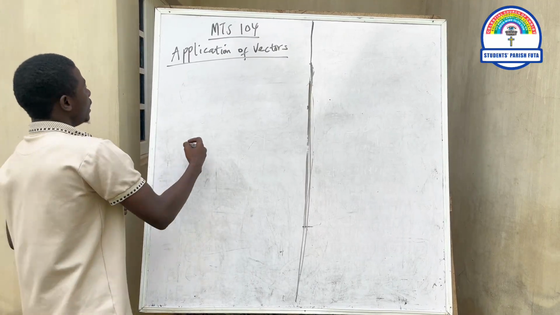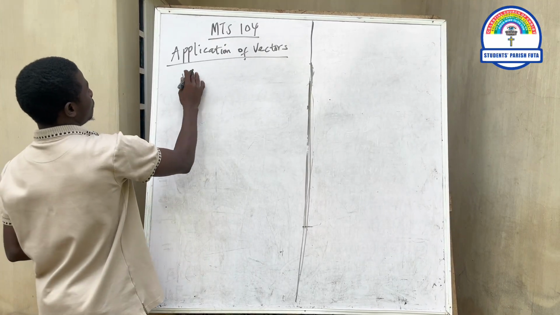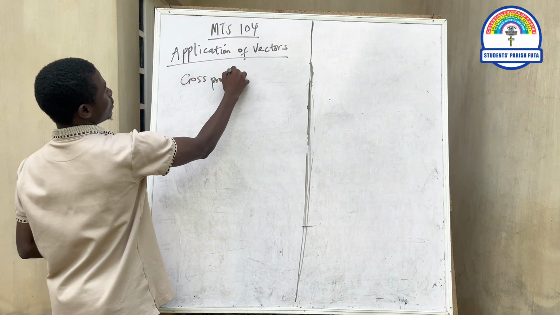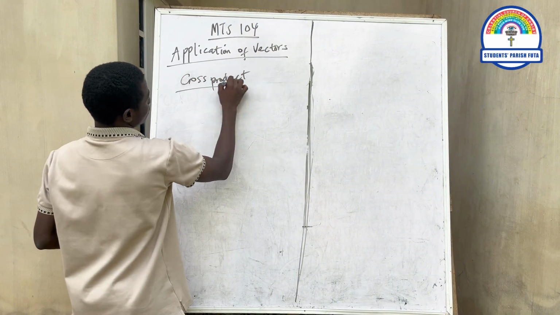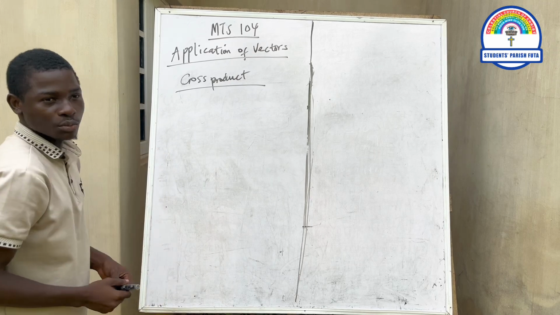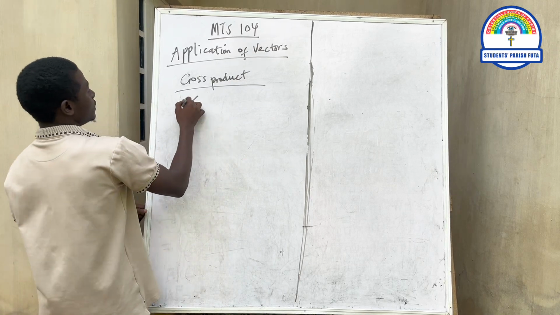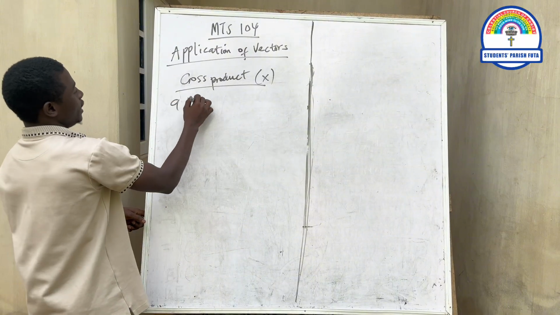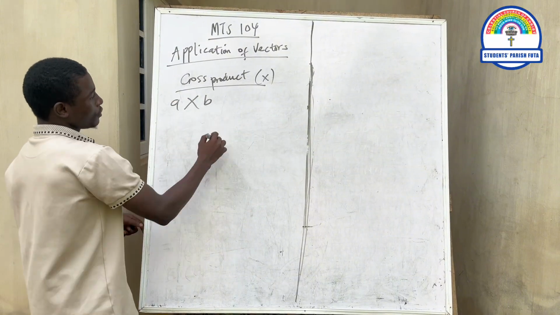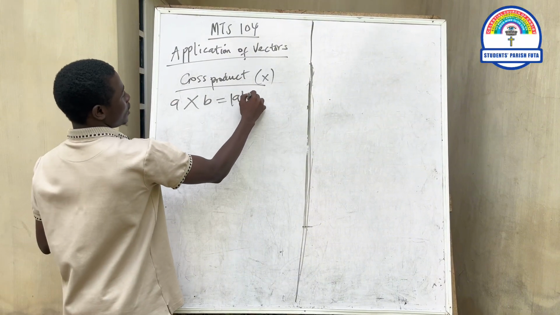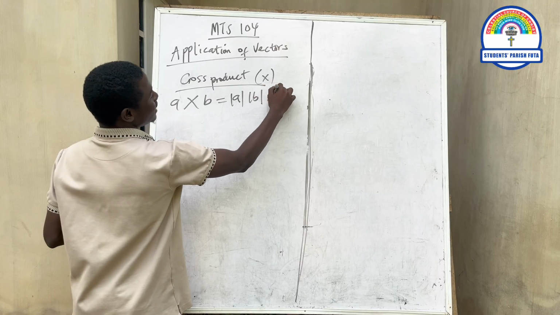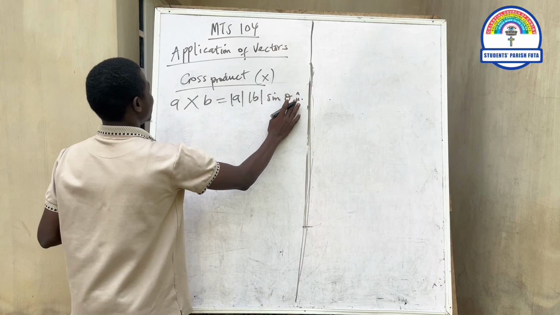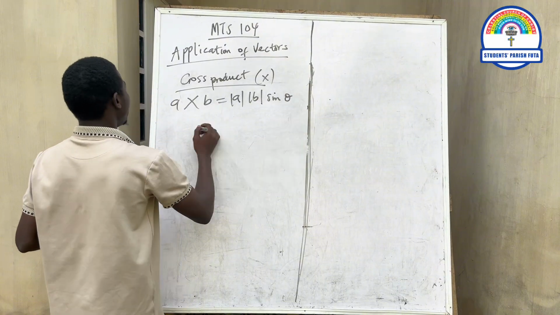Okay. Now let's take the cross product. We call it the cross product or the vector product. That is different from the scalar product. So the cross product uses the cross sign, hence the name. So A dot B is the scalar product, A cross B has the formula A B sine theta, then there's a unit vector here, which you can leave out for now.